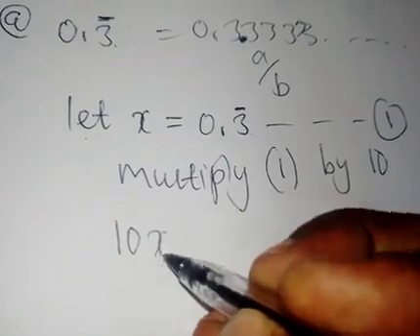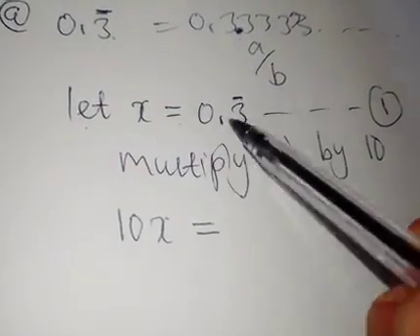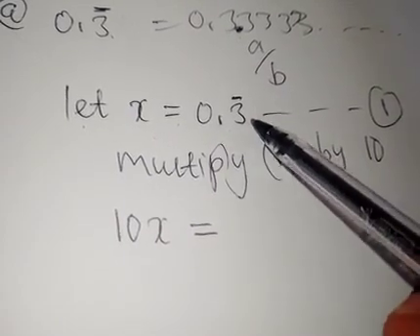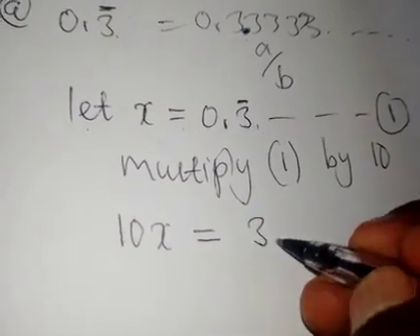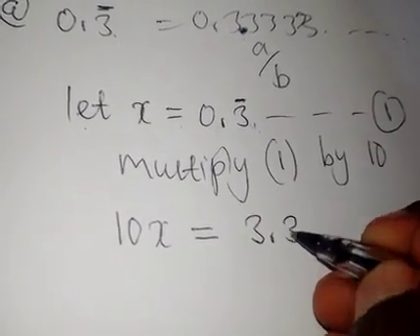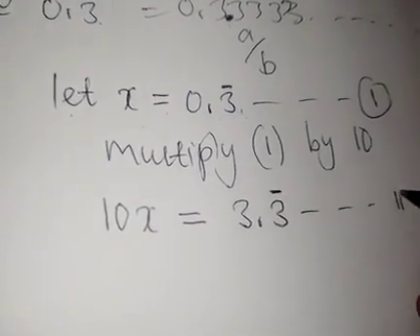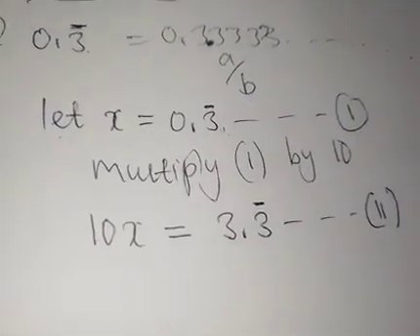So we have 10x being equal to 3.3, like that. And this is the second equation.